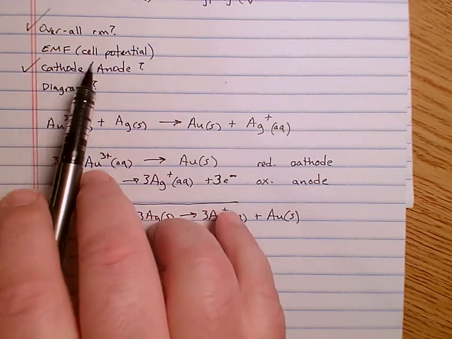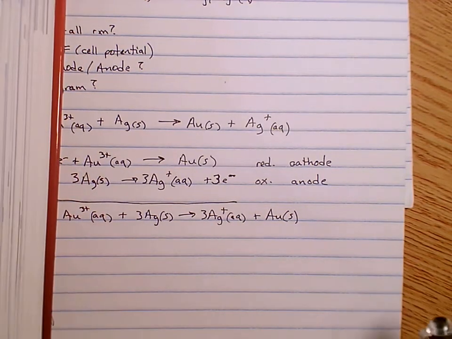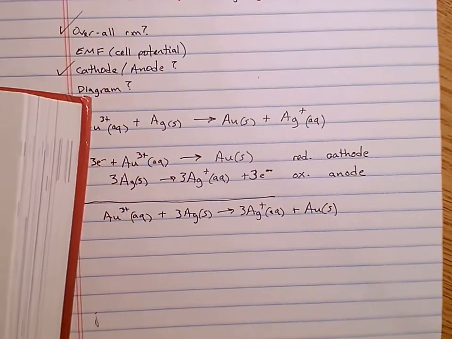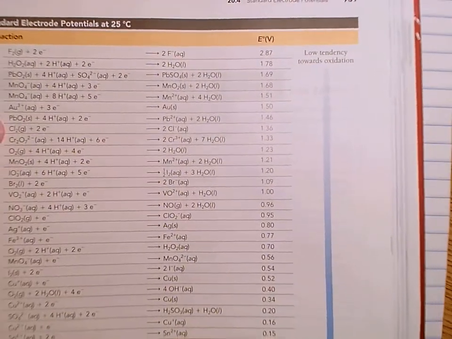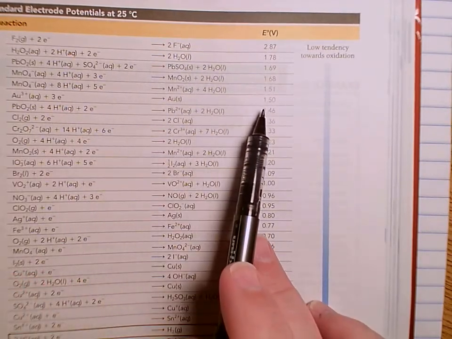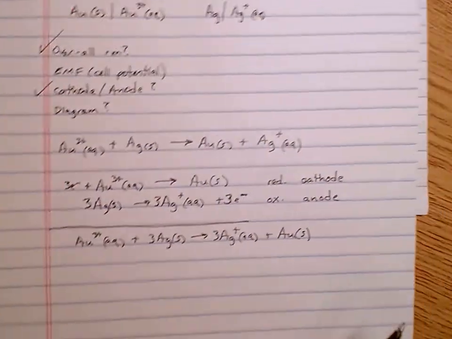The EMF, the cell potential. Okay, if I hook this up, what's going to be the voltage going through the wire? Well, our table of standard reductions says that our gold, when it gets reduced, has a potential of positive 1.50 volts.